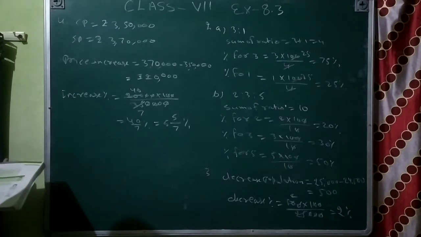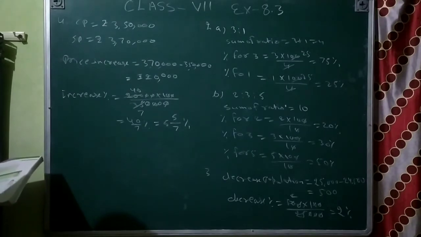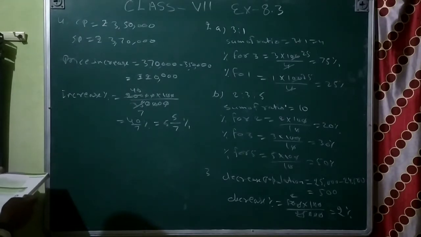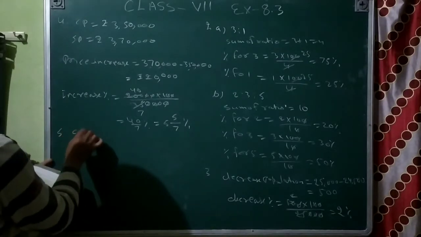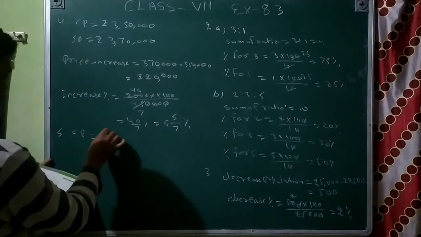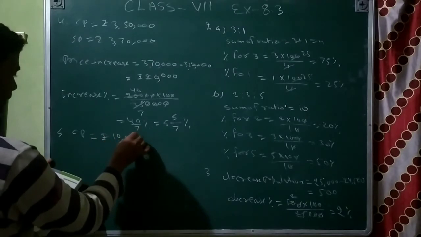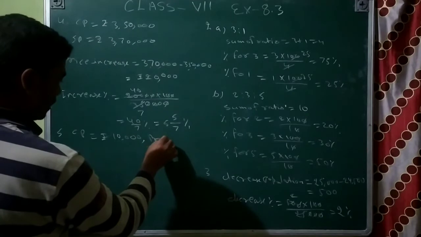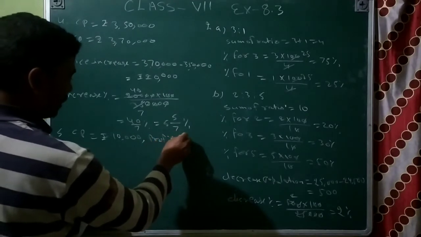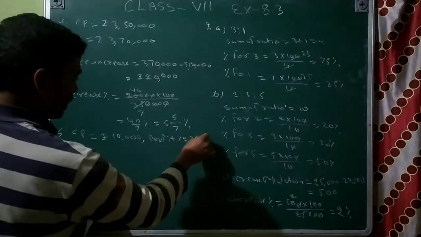A TV bought for 10,000 and then sold at a profit of 20%. How much money did I get for it? So CP is equal to rupees 10,000, and profit percent is equal to 20%.